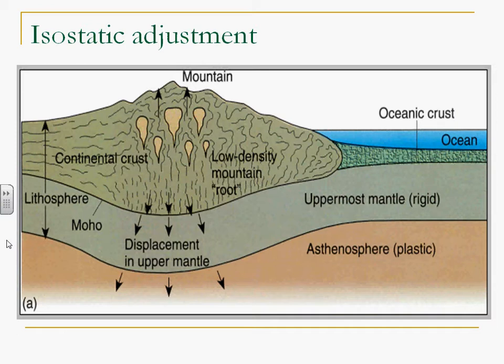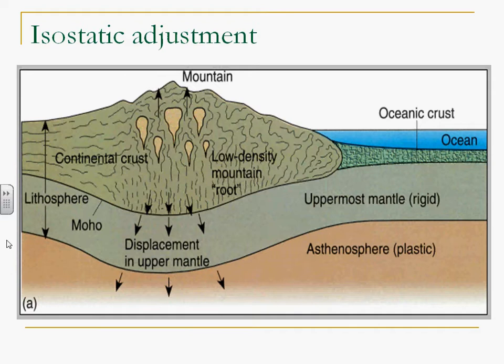As a result, it's pushing down into the asthenosphere, which is plastic. It's like toothpaste, liquid toothpaste. So it either goes up or down depending on where we're at. Now, if we have a continent going underneath the land, in other words, subduction, we'll talk about that, then it's going to push the mountain up.